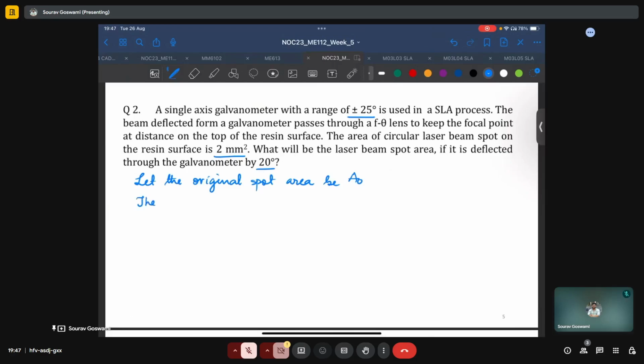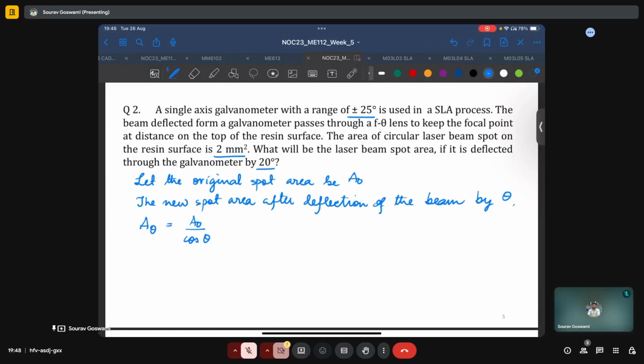The new spot area after deflection of the beam by an angle theta may be denoted as A theta, and as we saw in the slide, it is equal to A naught by cos of theta.